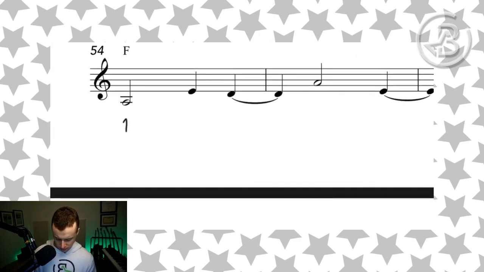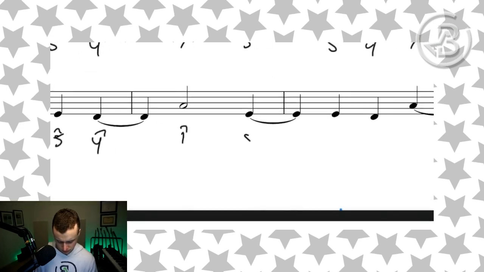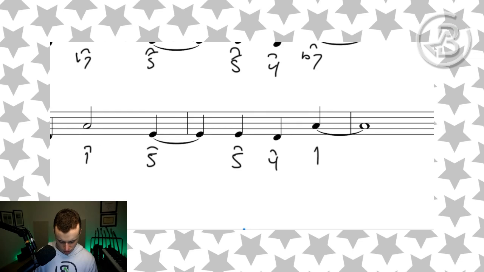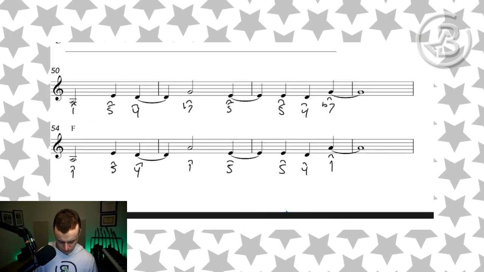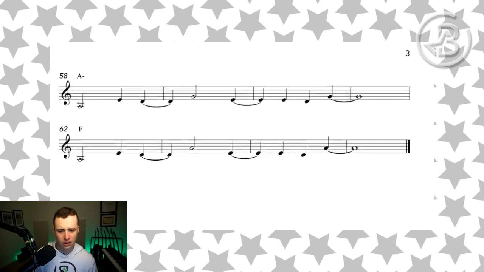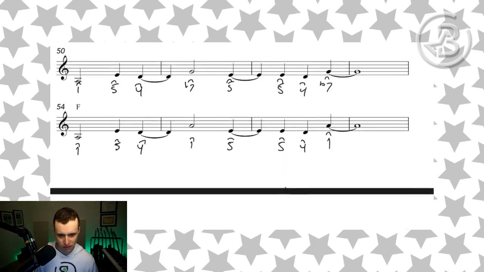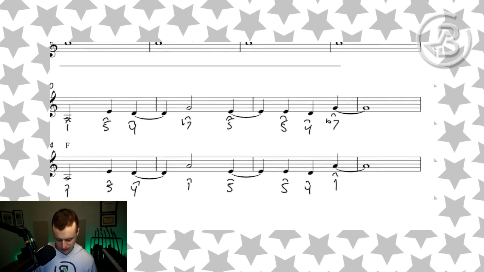Then we have 1, 5, 4, 1, 5, 5, 4, 1. And then that's repeated again, same chords, same melody on the last page.